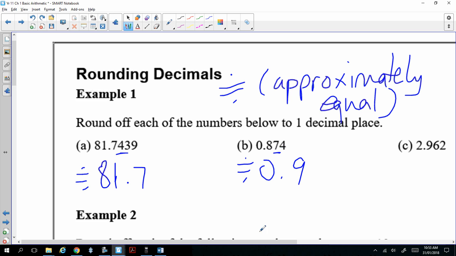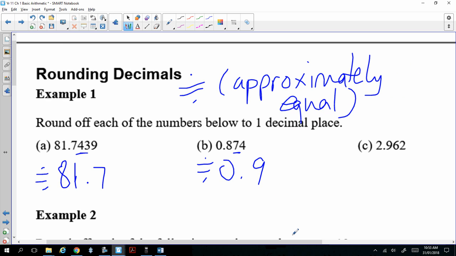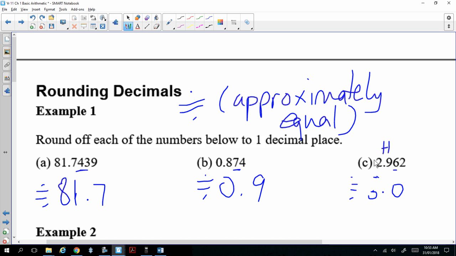And for the third example, you look at this digit, it's going to add 1, but if you add 1 to 9, it becomes 10, which means that it's going to become 3.0. You still need a 0 because it is to 1 decimal place. Right? 3.0. Just adding the plus 1 again. Okay. Any question? Rounding. Easy.